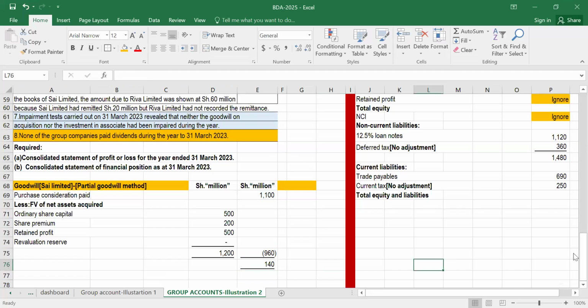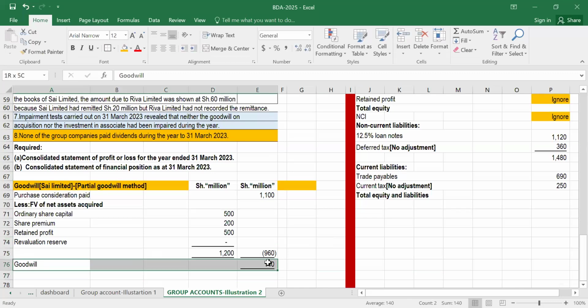140. Also remember, this goodwill is not impaired. I hope you can remember there is some information we are given, I think in note number 7 here, that this goodwill was not impaired. So there was no impairment loss. And therefore, this is the goodwill which we recognize in the consolidated statement of financial position as a non-current asset.